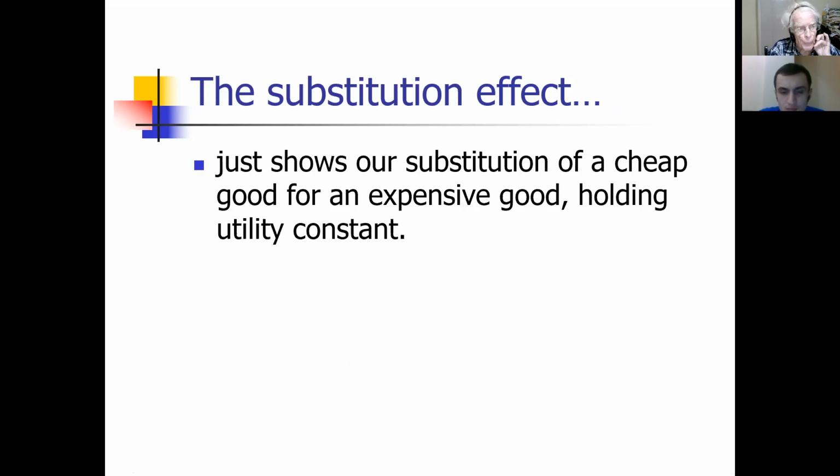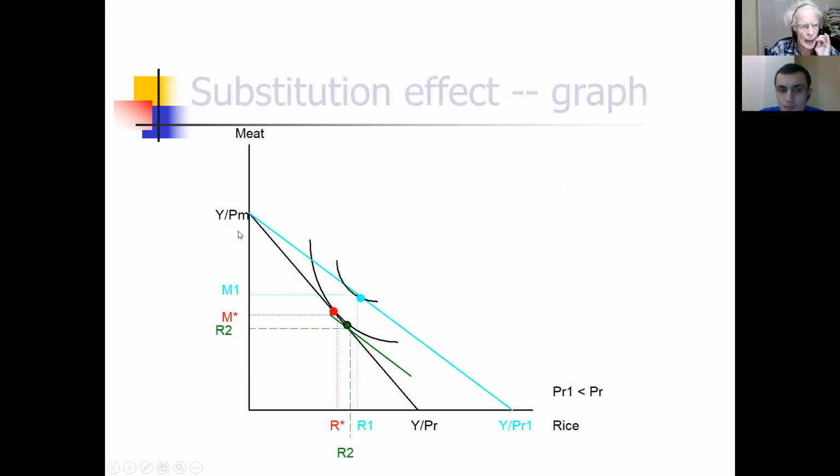However, for right now, we are interested in just one component of the price impact. We are interested in substitution of rice for meat when we hold real income constant. Utility is a measure of real income.